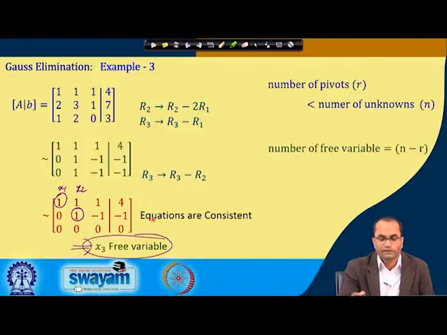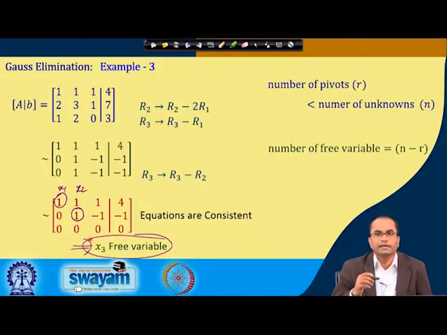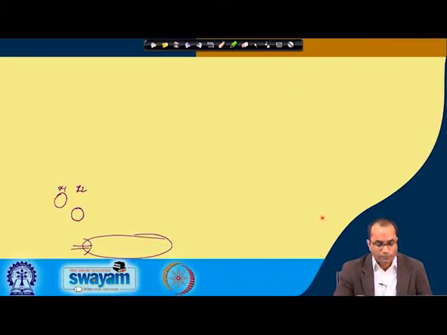So, this is a free variable. So, the number of free variables will be n minus r. Here n is the number of columns in this main matrix A, or the number of unknowns, and r is the number of pivots. We give this name to the number of pivots.